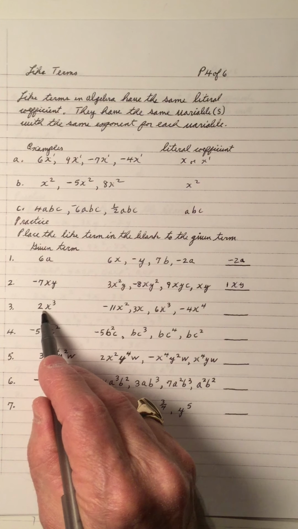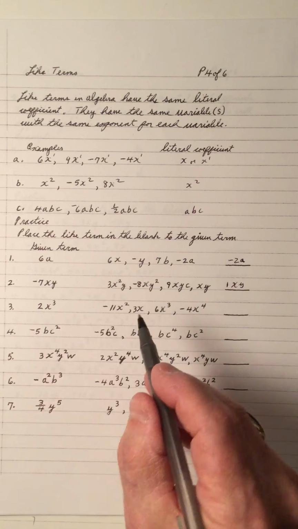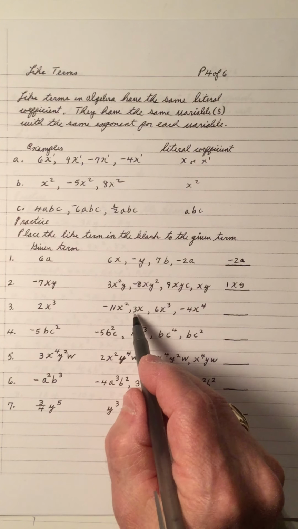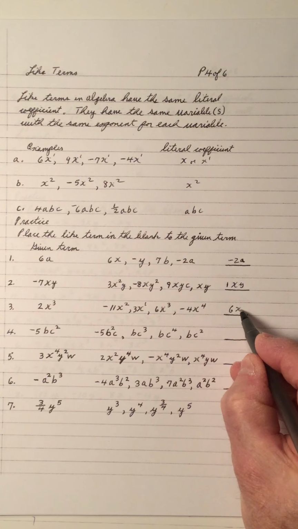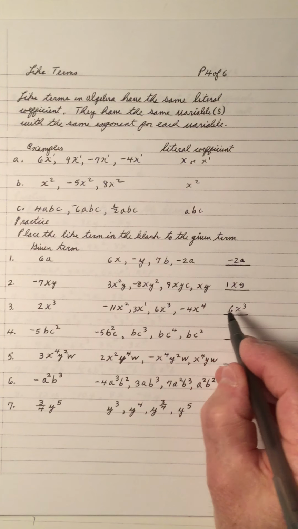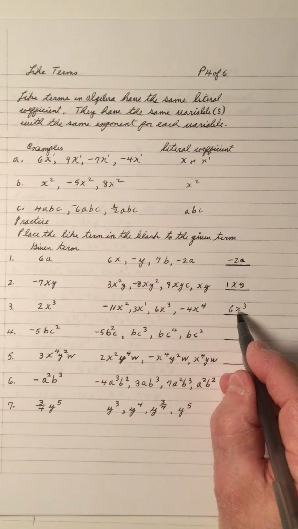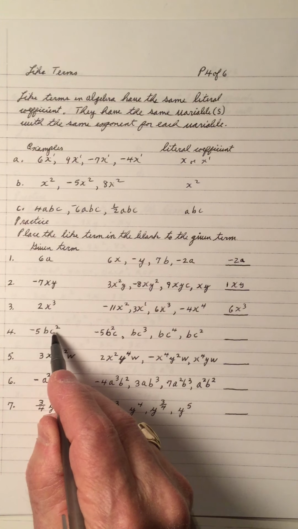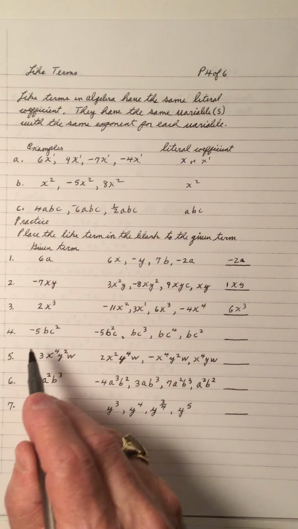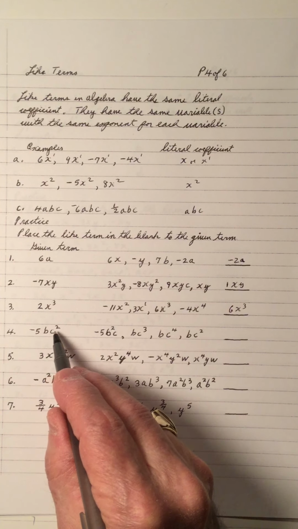Like 2x cubed, it has to have an x cubed. Nope, that's x squared. That's x to the 1. Oh, there it is, 6x cubed. That's x to the 4th. No. So x cubed, x cubed. This term has a b c squared. So find a b c squared.